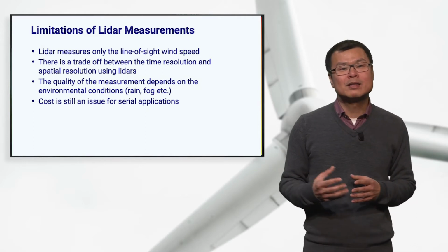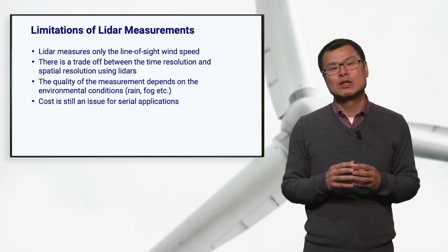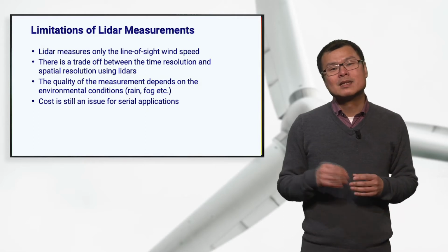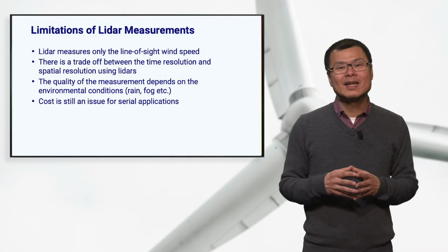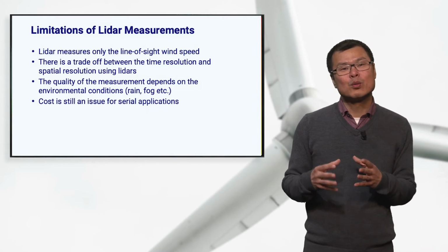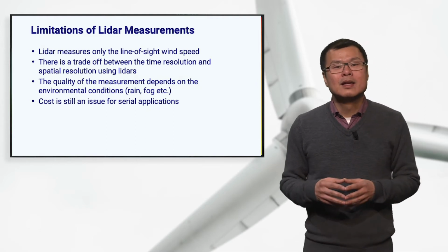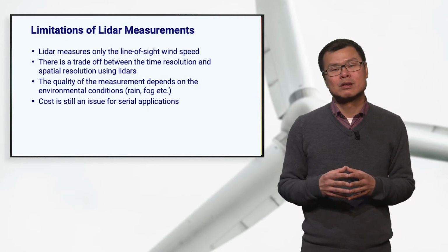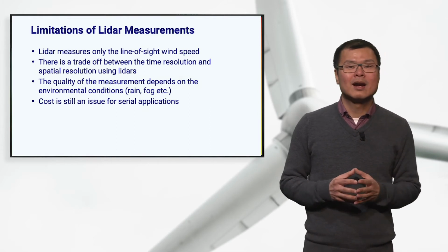Typically, 1 Hz measurement is possible. But if we want to increase the spatial resolution by measuring at different points in space, the time resolution will be even lower. So understanding how to measure a representative effective rotor wind speed becomes very important. Third, the measurement quality depends a lot on the environmental conditions, whether there is fog, rain, low-hanging clouds.